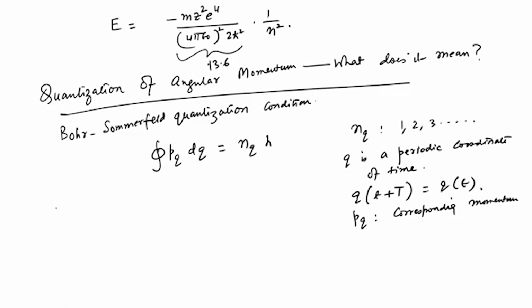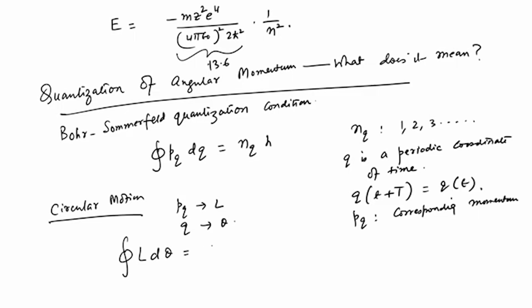For a particle undergoing circular motion, as is the case for an electron, p_q is L and q is really theta. If we apply the condition, then we have the integral of L d theta equal to n h.